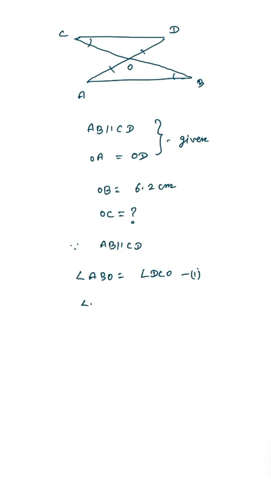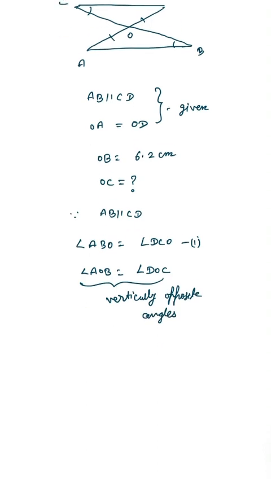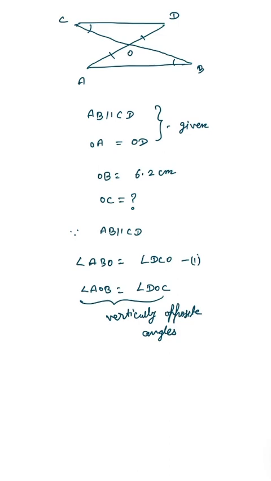Similarly, O is the point where these two lines AD and CB are intersecting, so these two angles will act as vertically opposite angles and they will also be equal. Now, it is already given to us that OA is equal to OD. So, in this case, by AAS, these two triangles are congruent.